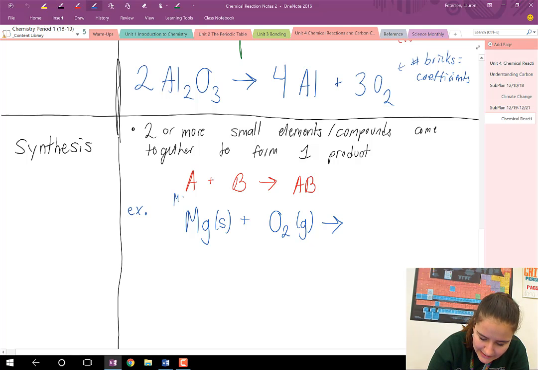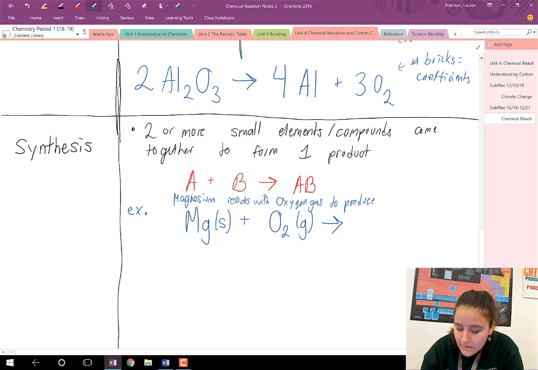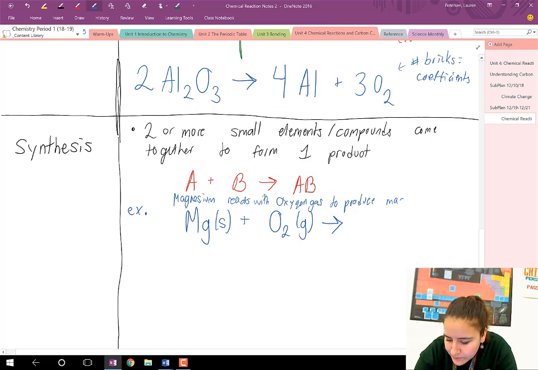Okay, so magnesium reacts with oxygen gas to produce, and when you put magnesium and oxygen together, you get magnesium oxide.